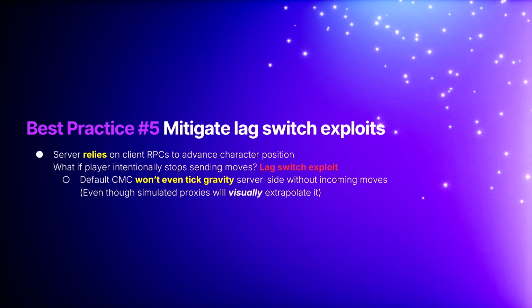Now, we learned just now that the server only advances the character movement when it receives that move RPC from the client. You can imagine that's quite exploitable if a cheater decides not to send any moves. Now here's a fun fact. By default, CMC won't even take gravity server-side if it's not receiving moves.